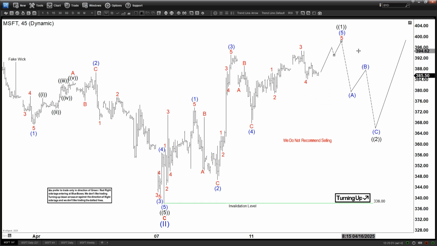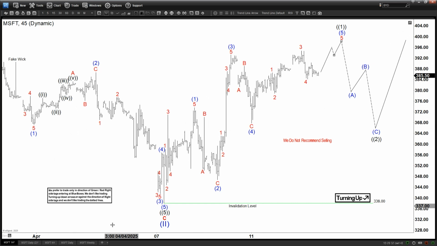That doesn't necessarily mean that the pullback will hit 364 as some people think it is showing here. It's not. So you have to wait patiently for the 3 swings pullback to happen, and then once you identify the first and the second leg of the correction, then you can measure what the potential area of support from the C leg or from the third leg, okay, with the Fibonacci extension tool.